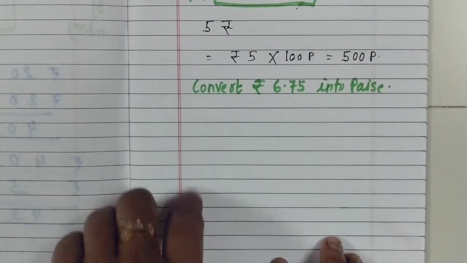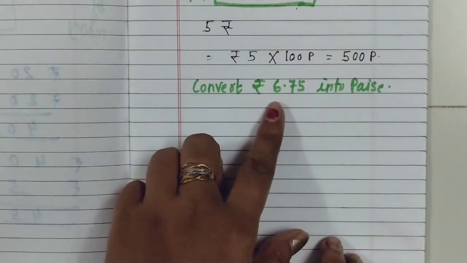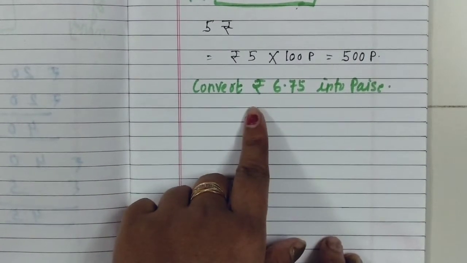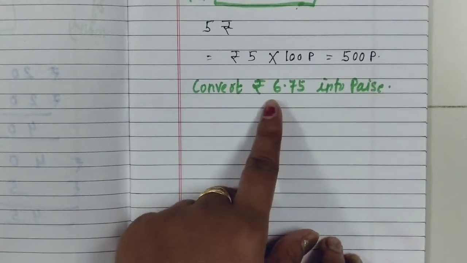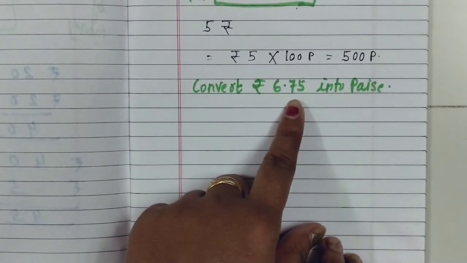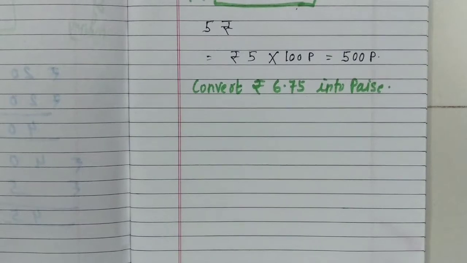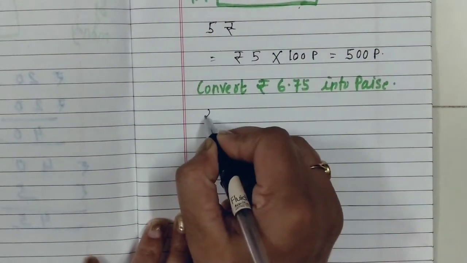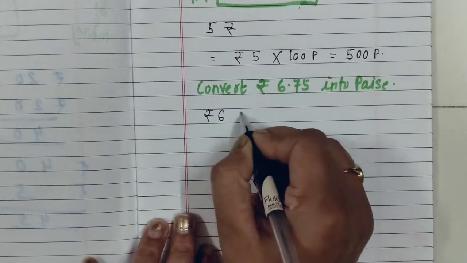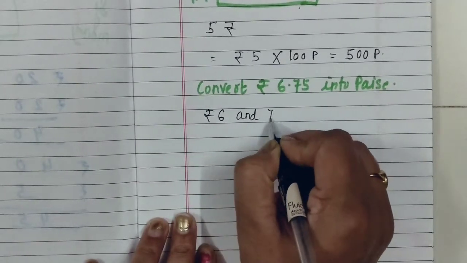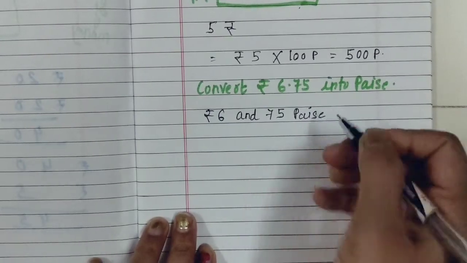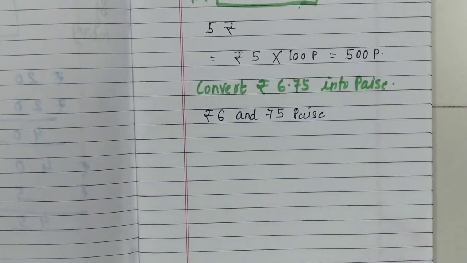If it is given to convert rupees 6.75 into paise, children, rupees 6.75 means here we have 6 rupees and 75 paise. So we can write it as rupees 6 and 75 paise. Now do the conversion.